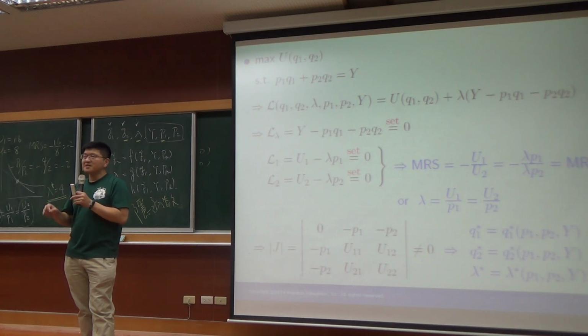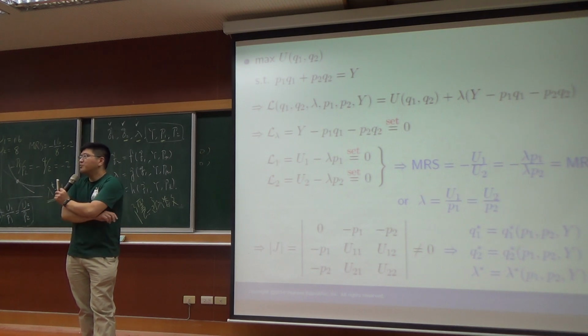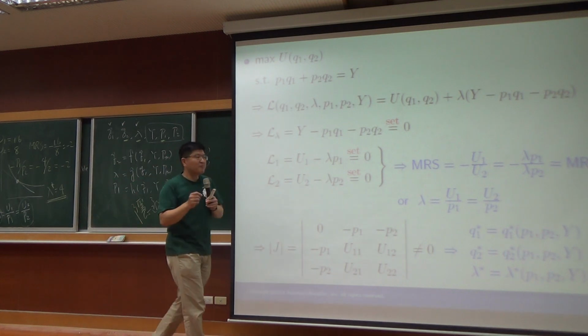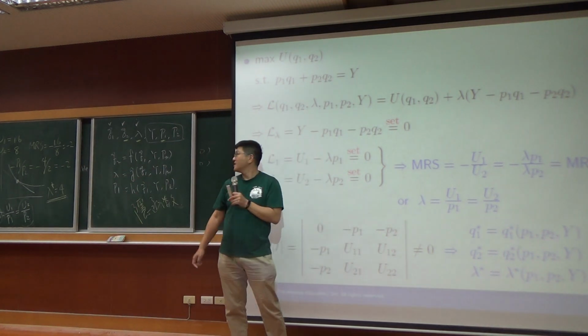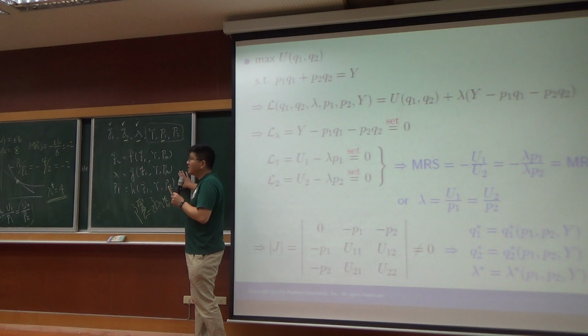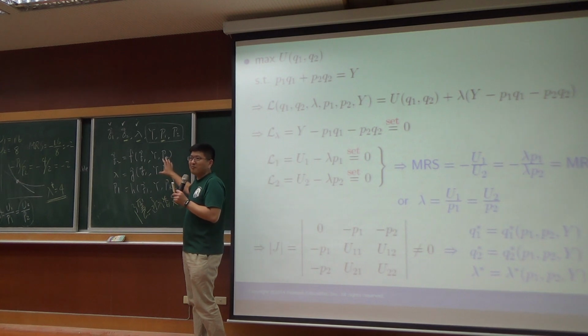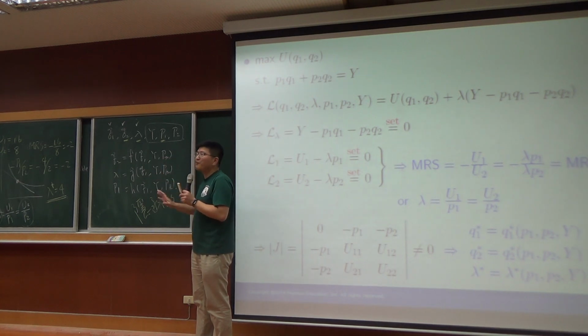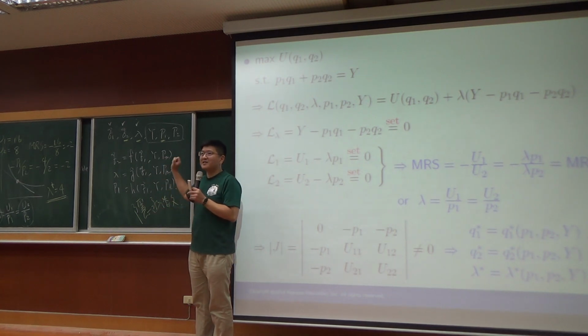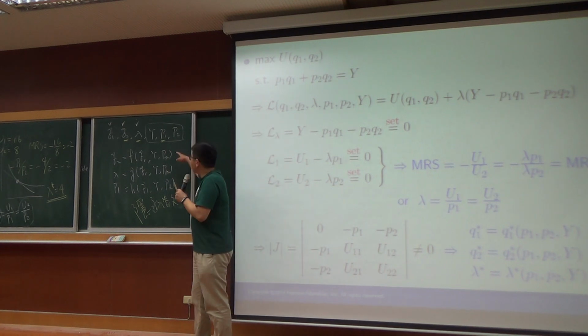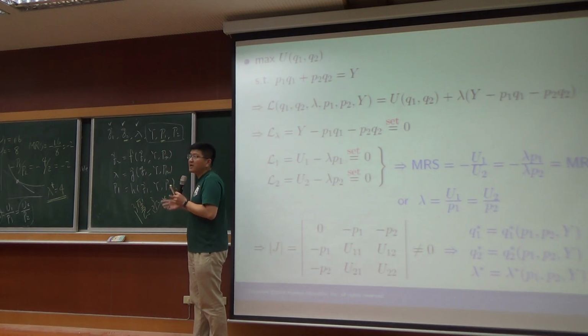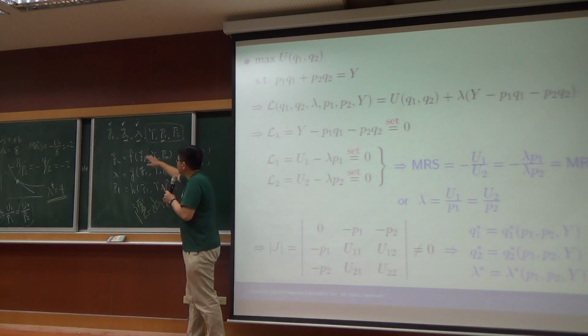We utilize mathematics to help us analyze problems. So we do something making sense. We don't do things like this. Although they are fine in terms of mathematics, they are not fine in terms of economics, because we cannot tell some story by this.